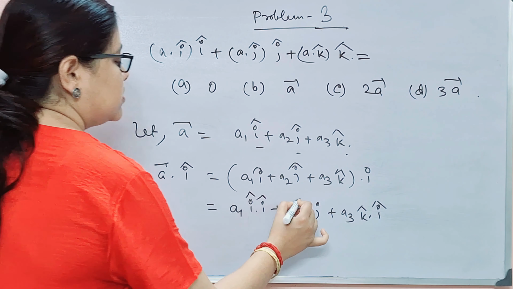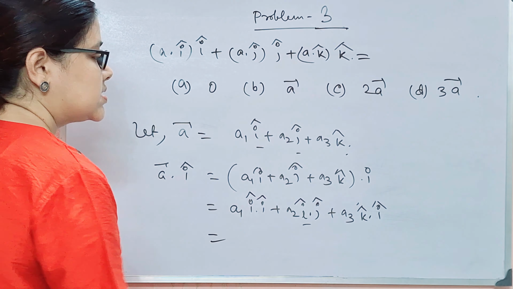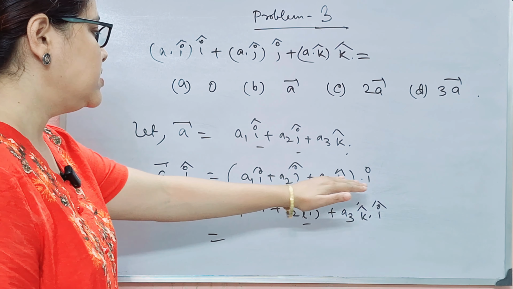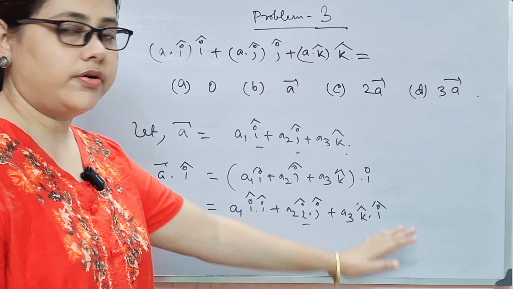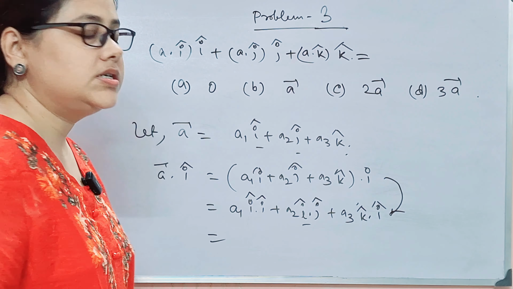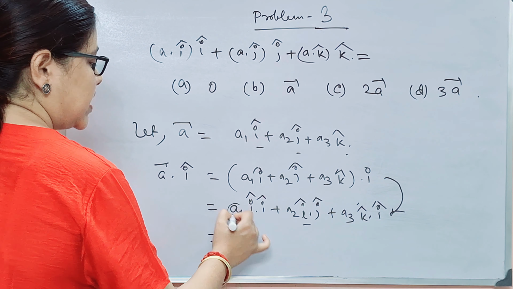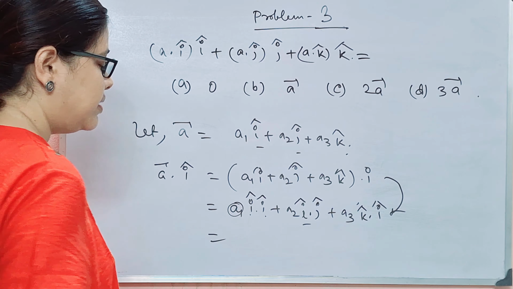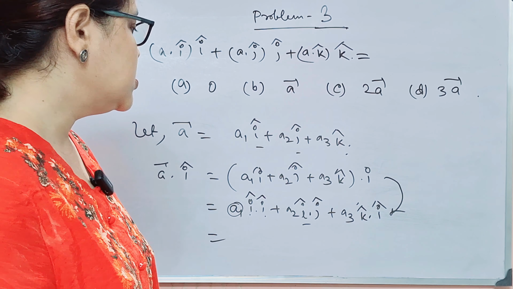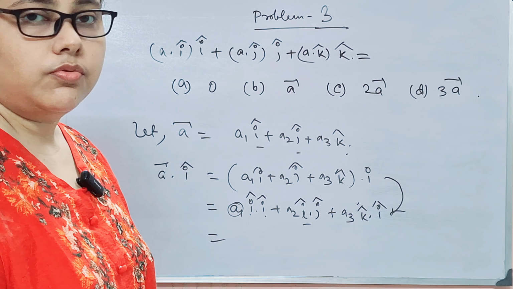These are all unit vectors, and since scalar product is distributive, I can expand this scalar product in that way. The a's are scalars, so i dot i remains, and i dot i means mod i squared times cos 0, which is 1.